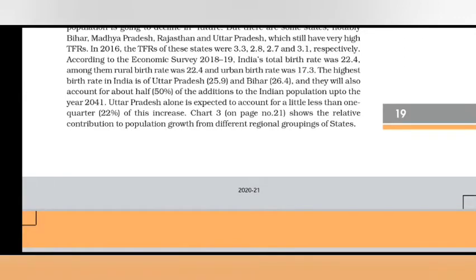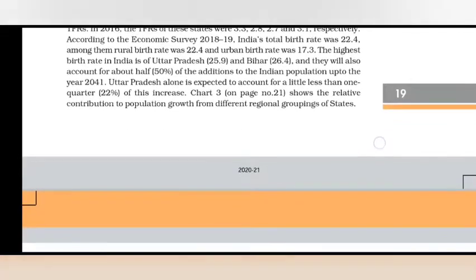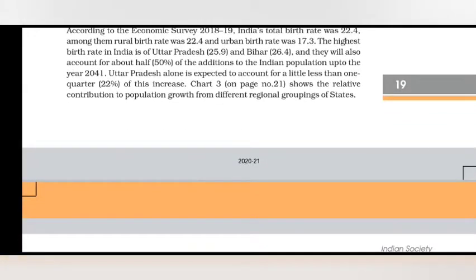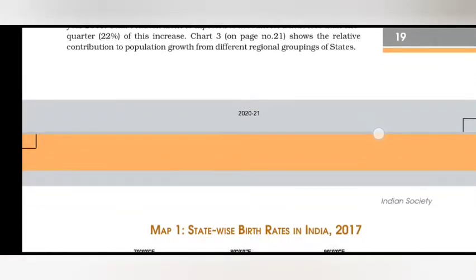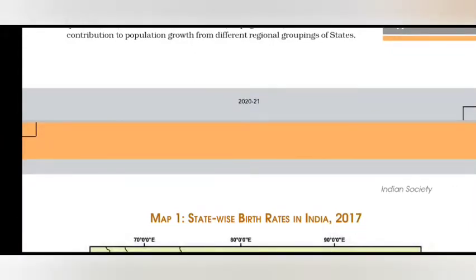The highest birth rate in India is of Uttar Pradesh, 25.9, and Bihar, 26.4, and they will also account for about half of the additions to the Indian population up to the year 2041. Uttar Pradesh alone is expected to account for a little less than one quarter of this increase. Chart 3 shows the relative contribution of population growth from different regional groups of states.